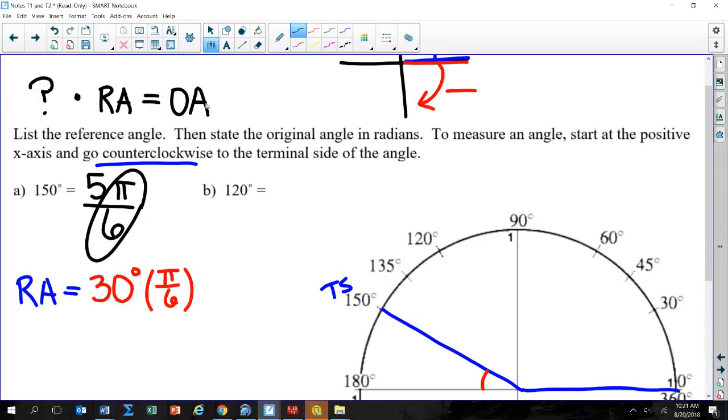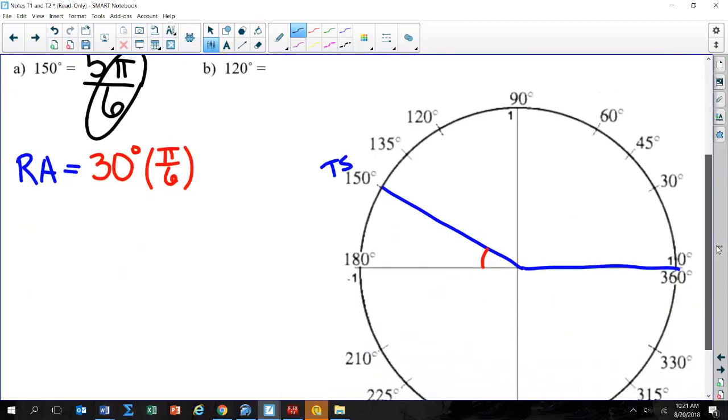Okay, let's do the same thing for 120. So if I'm looking at my picture down here, here's 120 degrees, the terminal side. Okay, so my reference angle, remember, always goes from the terminal side to the x-axis. What would my reference angle be here? Let's see. Anastasia, what would my reference angle be? 60 degrees. Great.